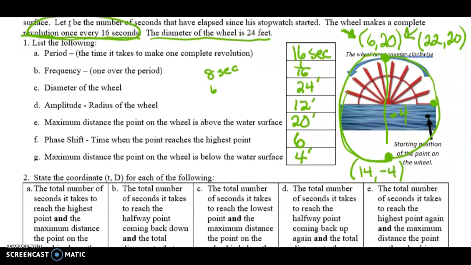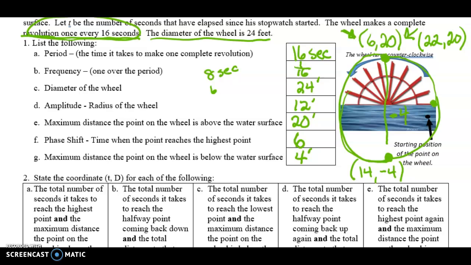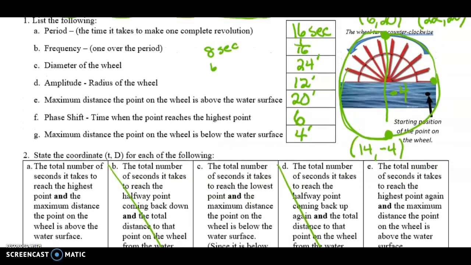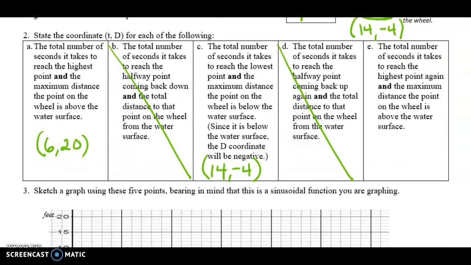So now we're going to put those 3 points on number 2. 2A is the high point, (6, 20). We are skipping B. 2C is the low point, (14, -4). We're skipping D. And E is the second high point, (22, 20).